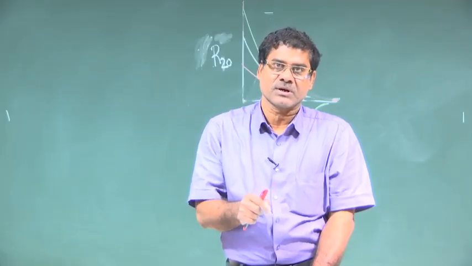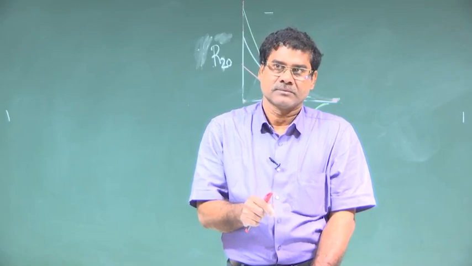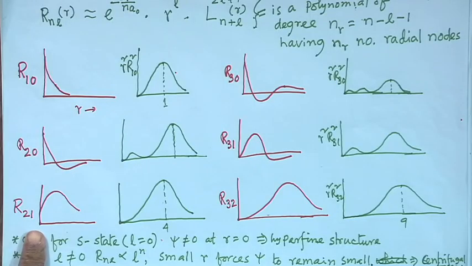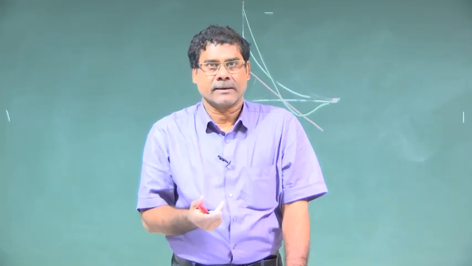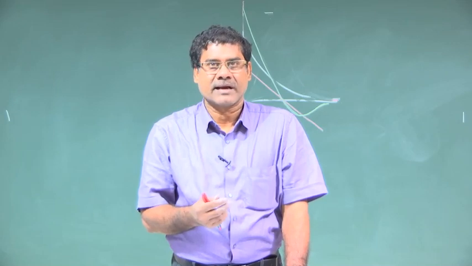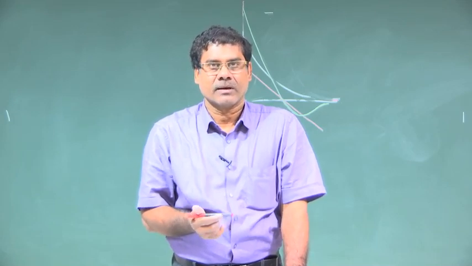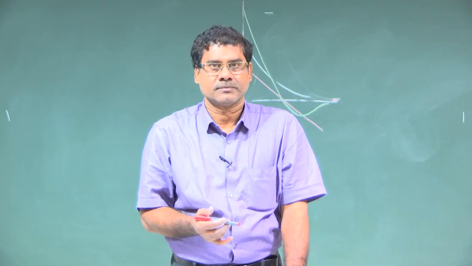At the nucleus, the probability to find the electron is basically 0. But it is only in the exceptional case of L equal to 0 that we see otherwise.